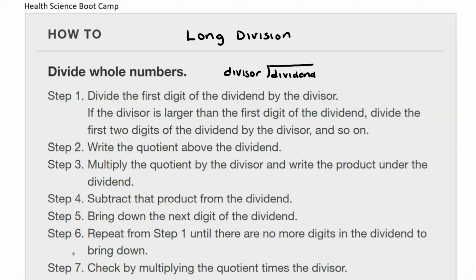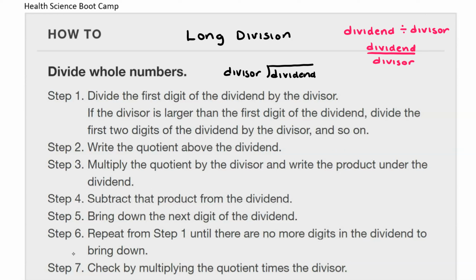But if we were using the division symbol notation, we would do dividend divided by divisor. Or if it was in fraction notation, the dividend is on the top and the divisor is on the bottom.